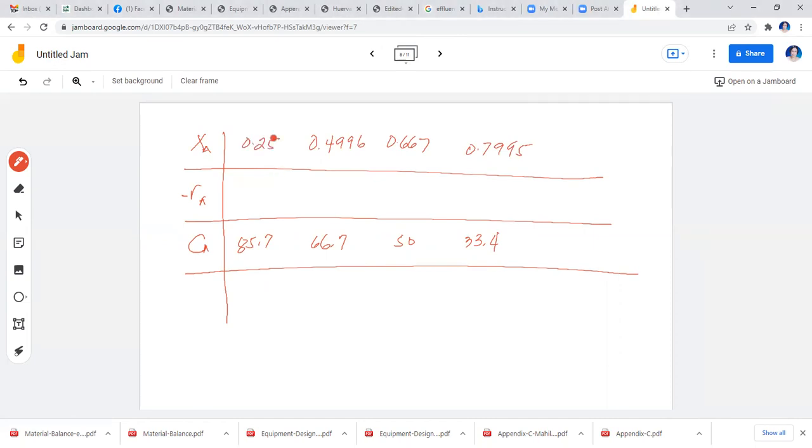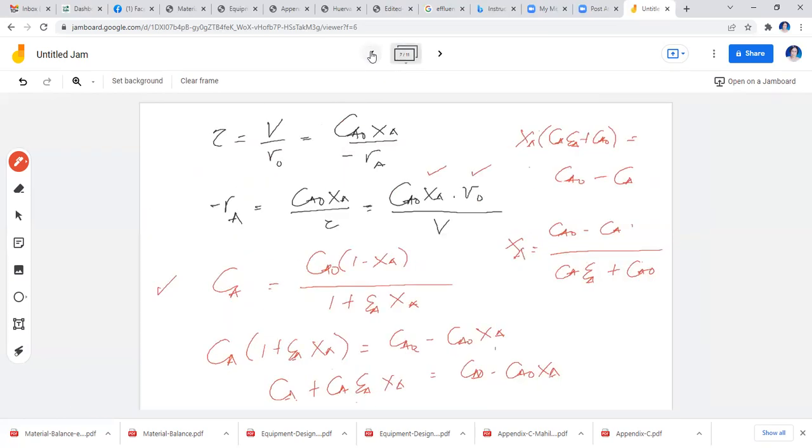Now we go to the rate. So the rate equation was already given. This is our rate equation, class. In the rate equation, you still need the same initial concentration. You need the XA that you solved. You need the volume of the reactor, and you need the molar feed rates. Okay, so I'll just copy again the molar feed rates.